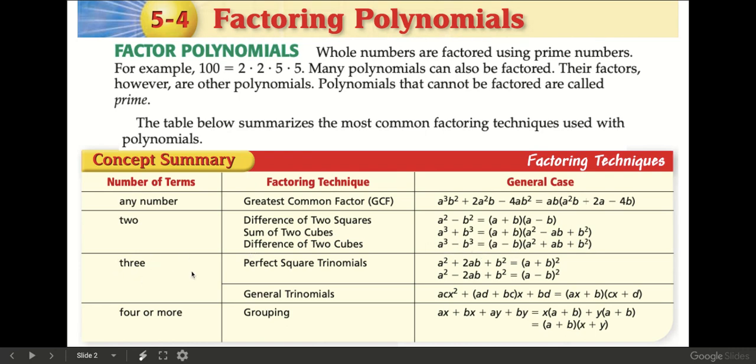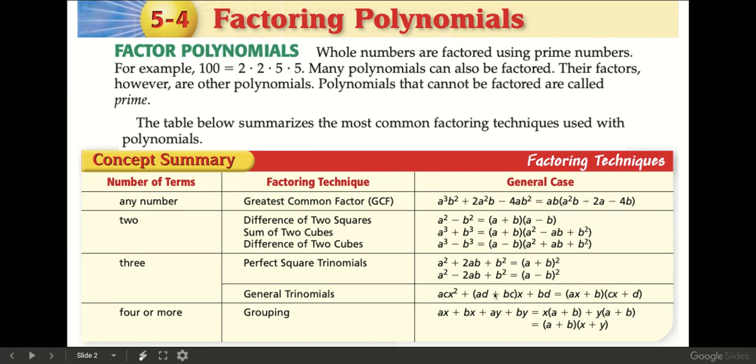And then if you have three terms, it can be a perfect square trinomial. If you have perfect squares on the outside plus those two same terms on the inside, that's usually going to be that same quantity squared. So you'd have a plus b squared. Same thing if you had subtraction in the middle, except you have a minus b squared.